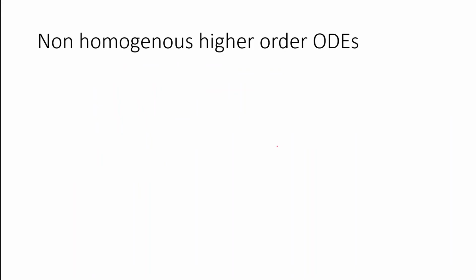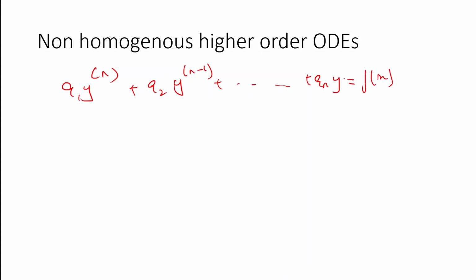So with that we dealt with Cauchy-Euler equation as a special form. Next we move on to non-homogeneous higher order ordinary differential equations. So what is a non-homogeneous equation? Let's say we have a1 y nth derivative, a2 y (n minus 1) derivative, up to an y, equal to, when it was homogeneous it was 0, when it is non-homogeneous it is some function of x. So some general function of x, then it becomes a non-homogeneous higher order ODE.